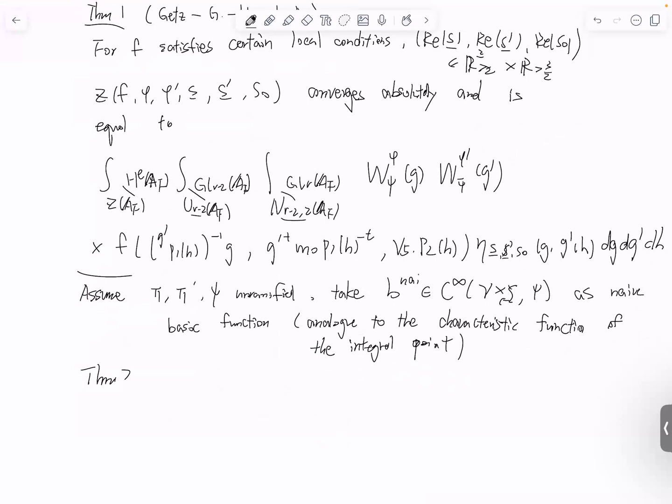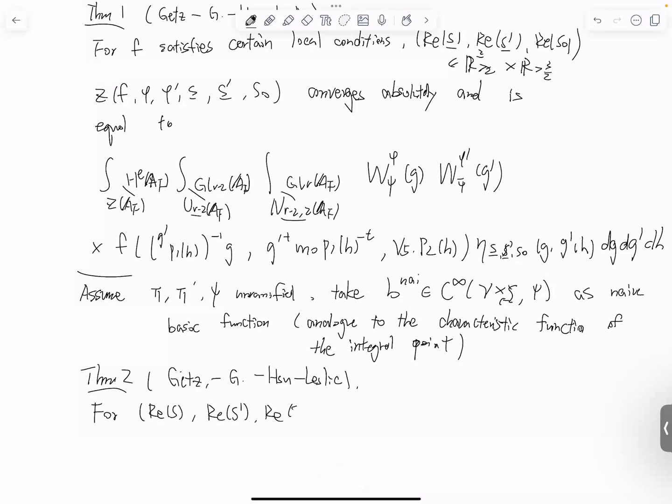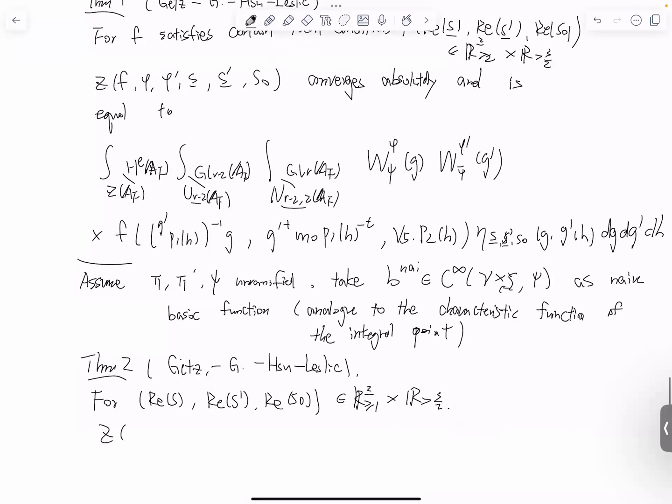So we have theorem 2. Which is for the real part of s, real part of s prime, and real part of s naught satisfying some conditions. The zeta integral, the local zeta integrals, which are defined by those integral functions, which are normalized to be 1 at identity.